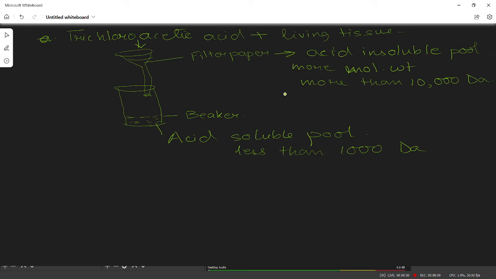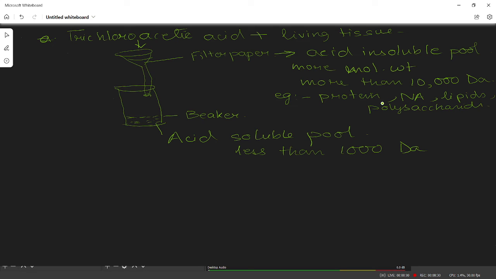Now, what are the things which are detained in the filter paper? We will find protein, we will find nucleic acid, we will find lipids, we will also find polysaccharides.